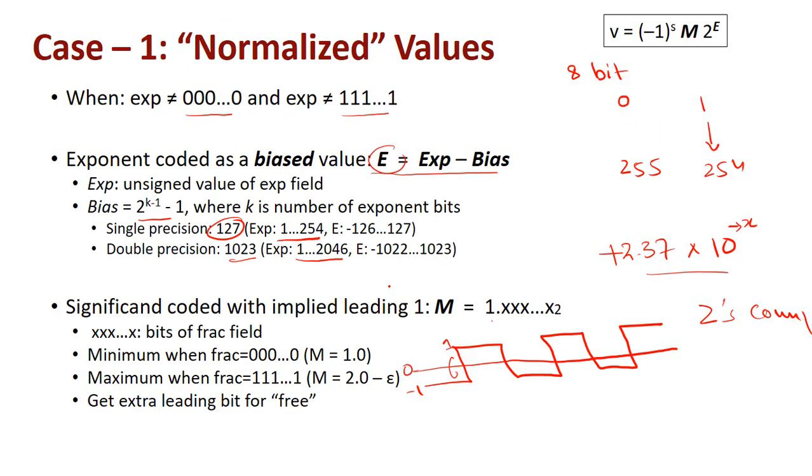Let me go back to the previous slide. This leading 1 is there because we hard coded it into our computer architecture, so I can omit it. The benefit is we get one free bit.